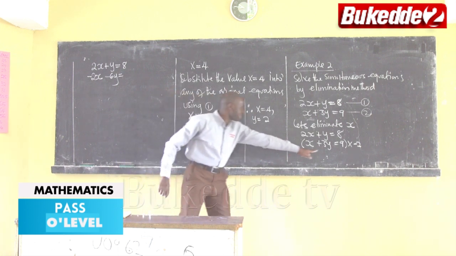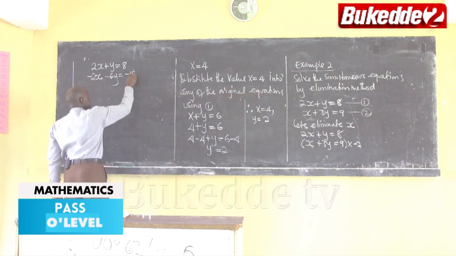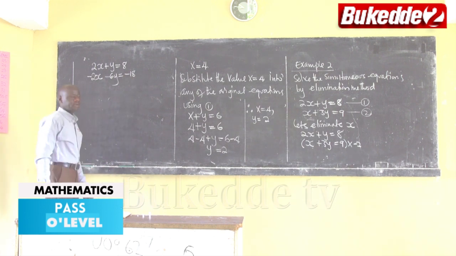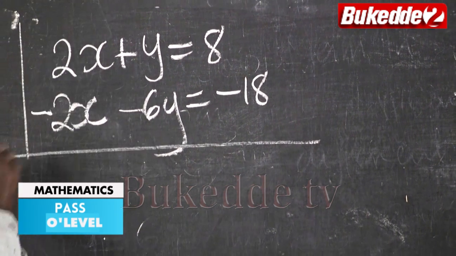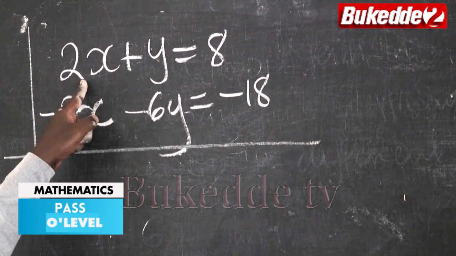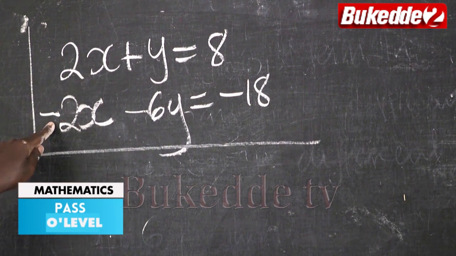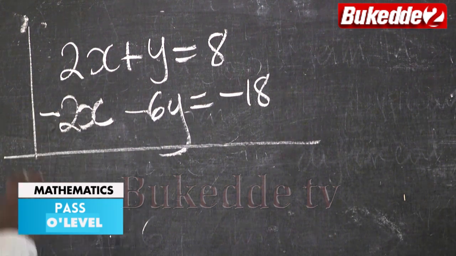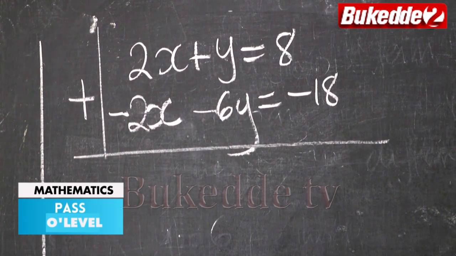Whereas when you multiply this by negative 2, it yields negative 18. Please realize that the coefficient of x here is 2, it is 2 there. The sign here is plus, and here it is negative. So what you're going to do is add one equation to the other because the sign is different.